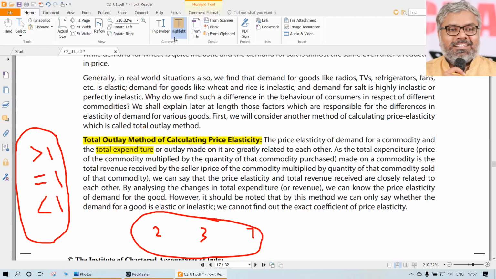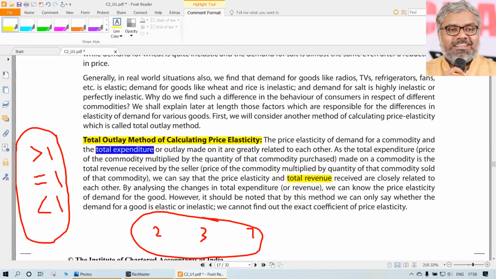On the other side, the same can be expressed as the total revenue also. Whatever expenditure is spent by the buyer is the revenue for the seller, right? Is there going to be any difference between these two? Not possible. There is no leakage here. If you take the entire market into consideration, let us say one particular buyer has a total expenditure of 1 lakh rupees by purchasing certain goods.